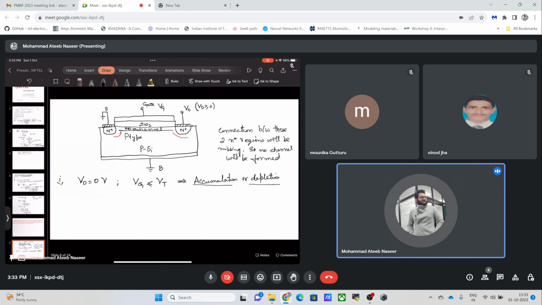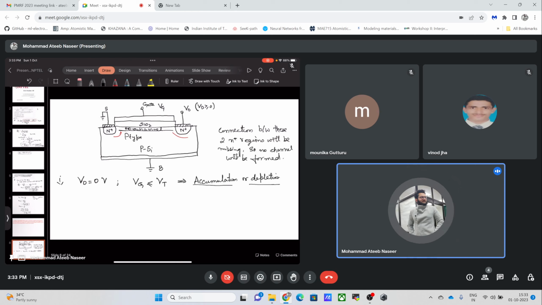As a result, there will be no movement of the carriers, even if we are applying this bias less than this VT, this threshold voltage.